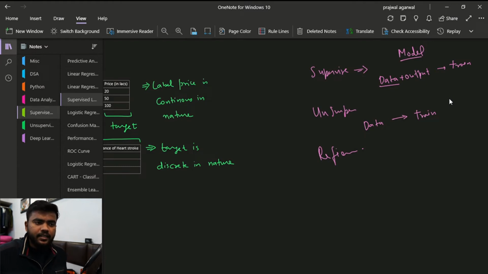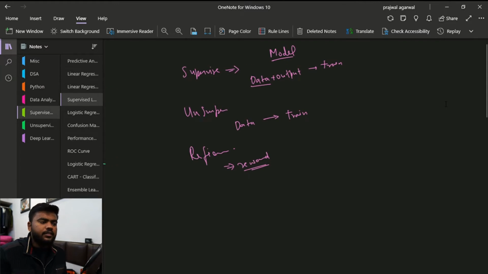And reinforcement learning is basically reward based learning. For example, whenever your model predicts something correct, then it gets some rewards, and when it is not predicting correct data, it is going to lose the rewards. We are rarely going to discuss reinforcement learning in our course. The two types of learning that we will discuss are supervised and unsupervised learning.